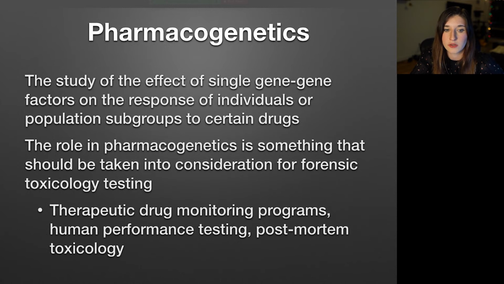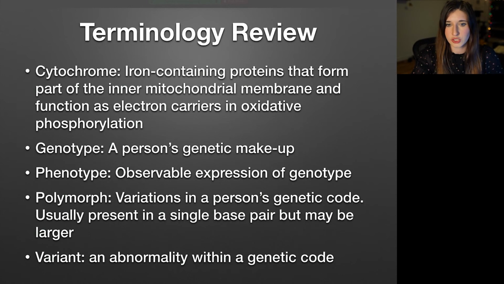The role in pharmacogenetics is something that should be taken into consideration for forensic toxicology testing, such as during therapeutic drug monitoring programs, human performance testing, and postmortem toxicology. So I just wanted to review a couple of keywords before we move on.